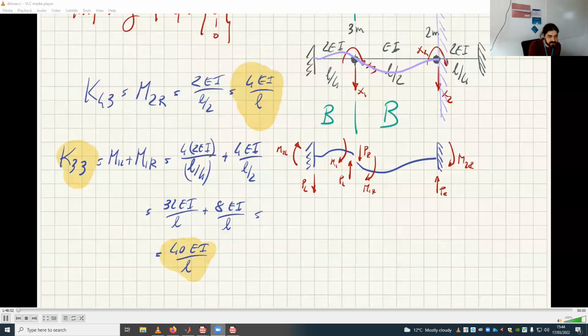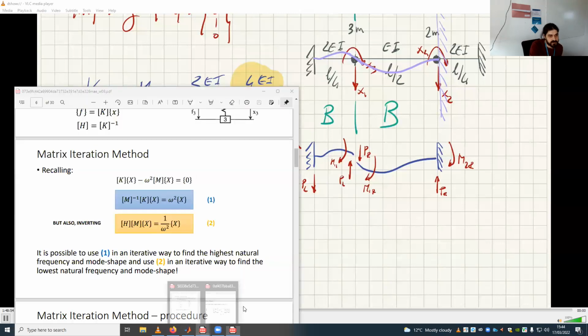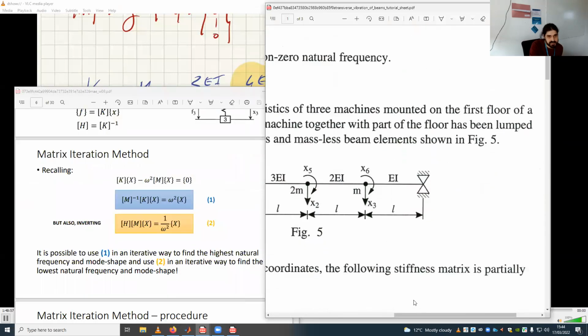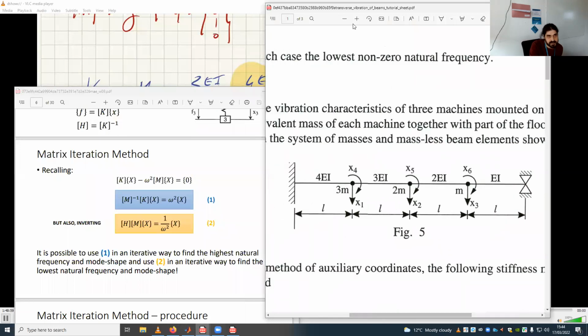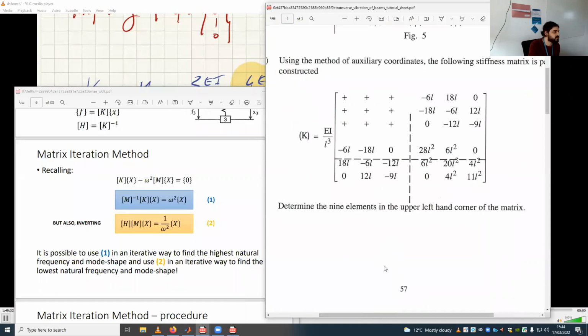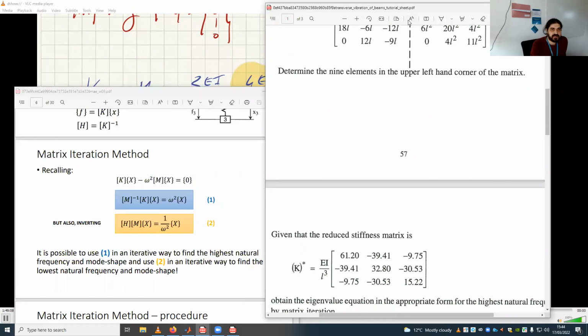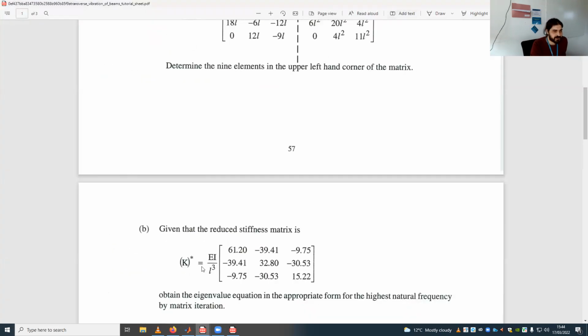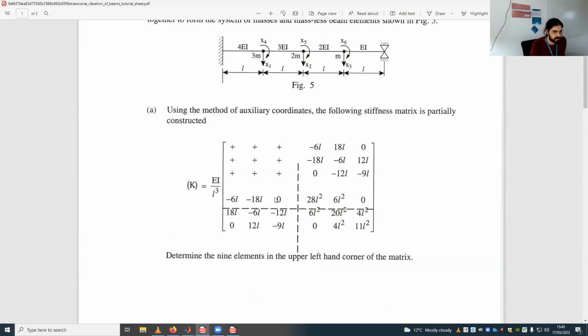Any questions? Now, not required for the exam, but let's have a look at this thing here. Remember, this is the model order reduction that we did last time. In order to find this K star, which is the reduced stiffness matrix of this system, this was taken by D minus F E to the minus 1 times F transposed.